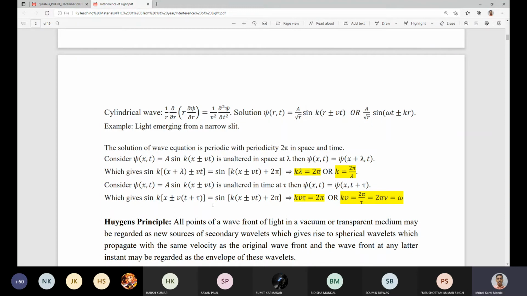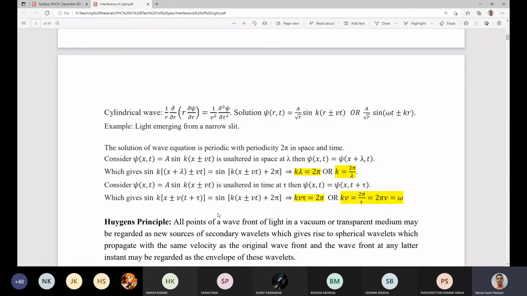So under this condition, kv tau equals twice pi, that is kv equals twice pi by tau. 1 by tau indicates nu, so twice pi nu is equal to omega. So kv indicates omega, the angular frequency, and this nu is the linear frequency, right? So kv equal to omega, and we can establish that it is periodic in space and time, right?